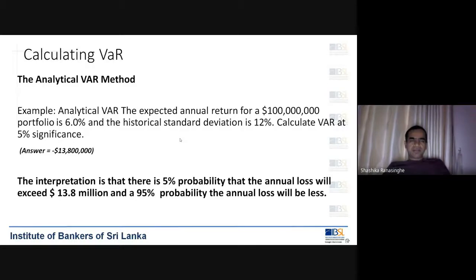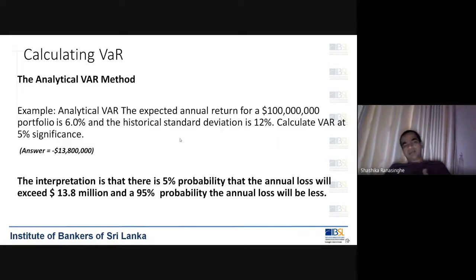Right, so let's try this example. The expected annual return for a $100 million portfolio is 6%, right? The historical standard deviation, or sigma, is 12%. You are asked to calculate value at risk at 5% significance. So at 5% significance, straight away you should know that the Z score is 1.65, right? So let's try this.